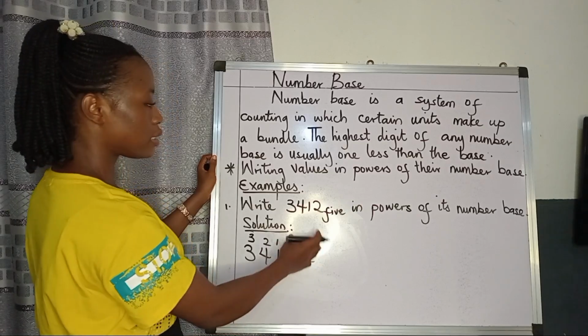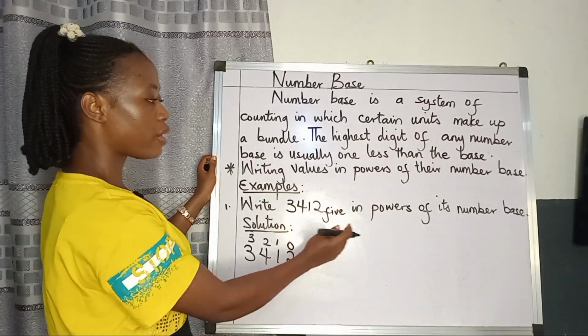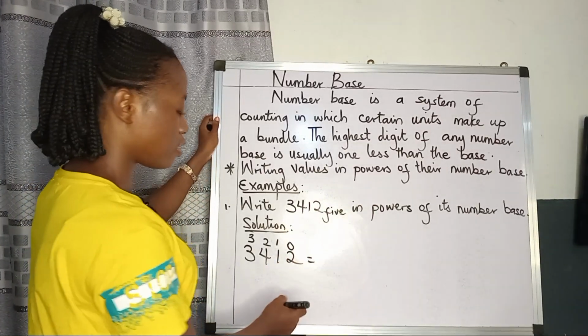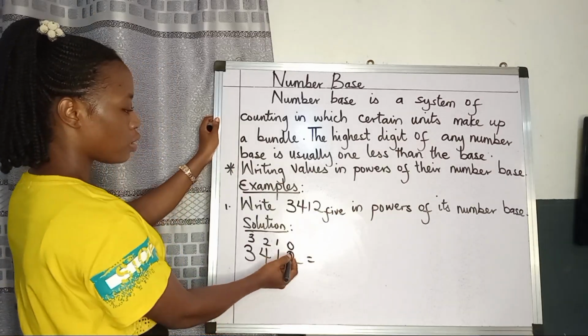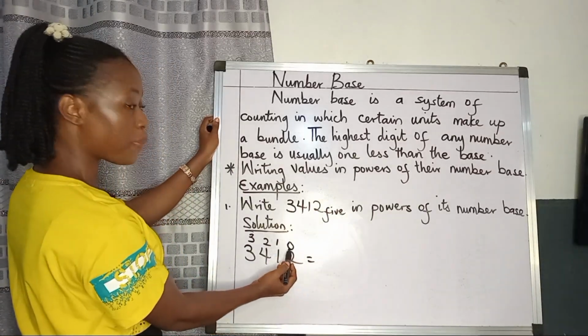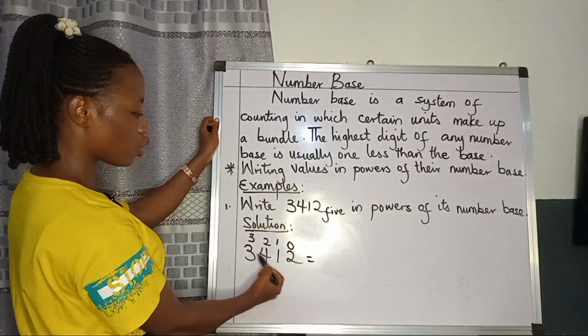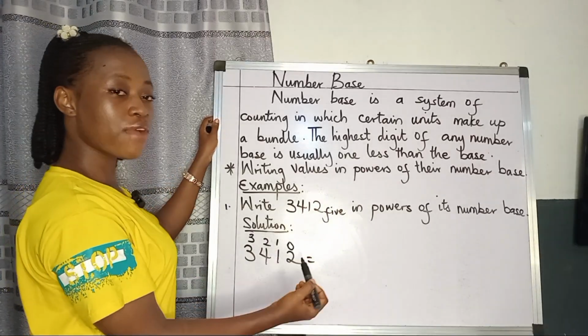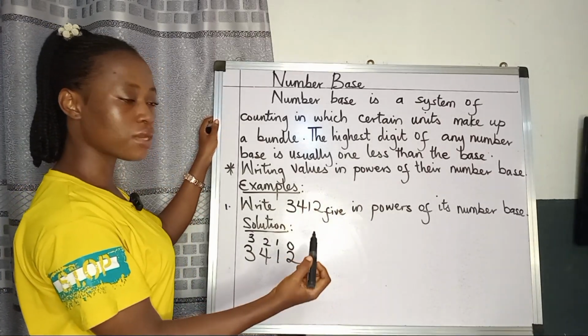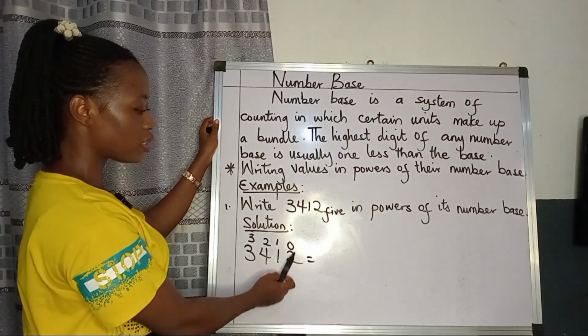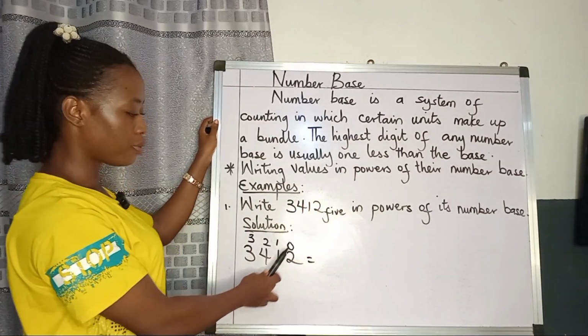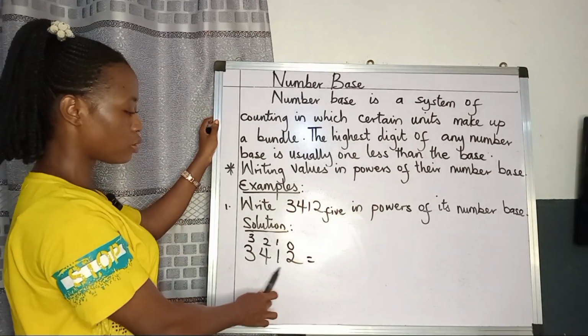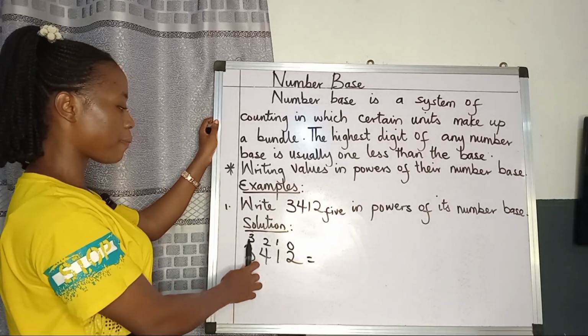Now for me to write this particular number in powers of its number base, the first thing to do is to write the powers on each digit of the given number. When you're writing the powers, you start from power 0. The last digit takes power 0, followed by power 1, followed by power 2, followed by power 3.